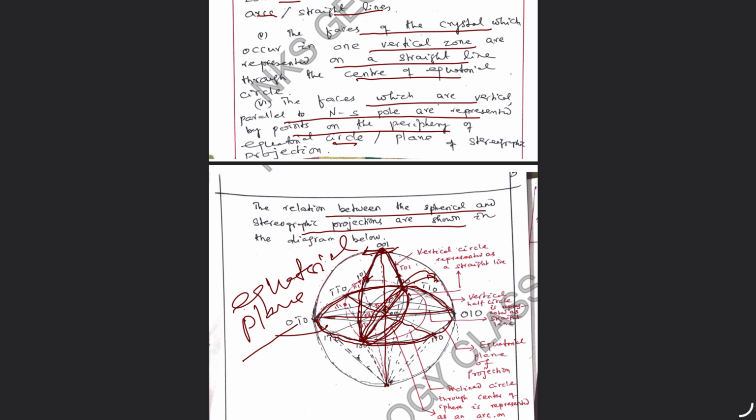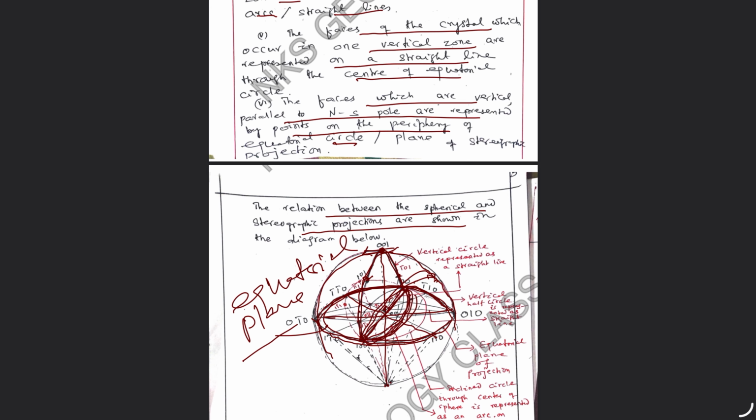So the faces which occur in one zone but are not vertically arranged, if they are inclined, will occur in one arc. So the faces may occur in one straight line, or in an arc, or the faces may occur in this zone.